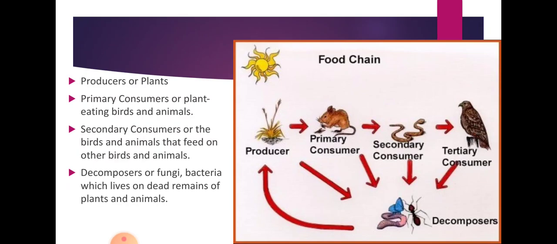So you have seen two examples, one is the rat, snake and eagle, and the other with plants. Plant is already the producer. So we count another food chain: the plant is eaten by the deer, the deer is eaten by the wolf, and the wolf is eaten by the lion.